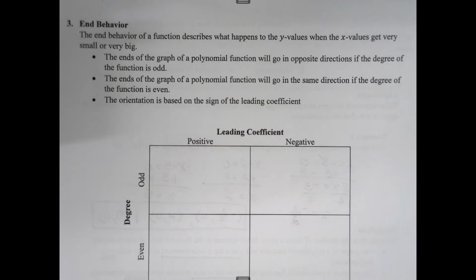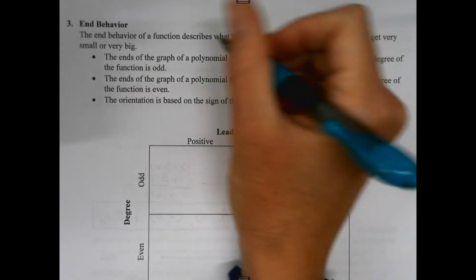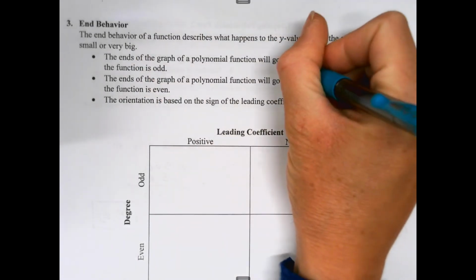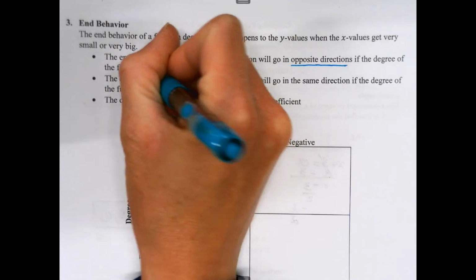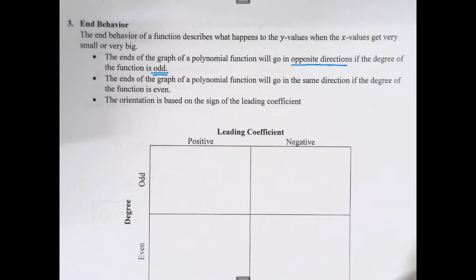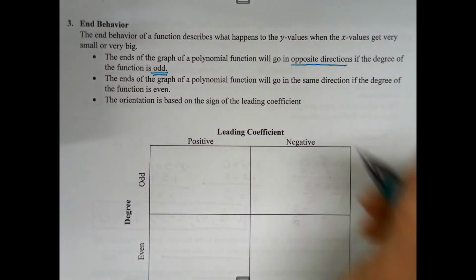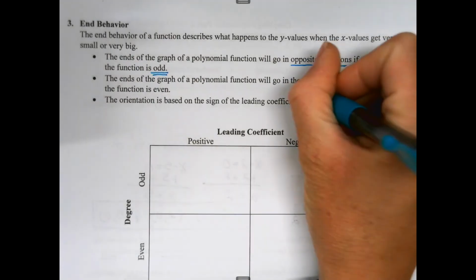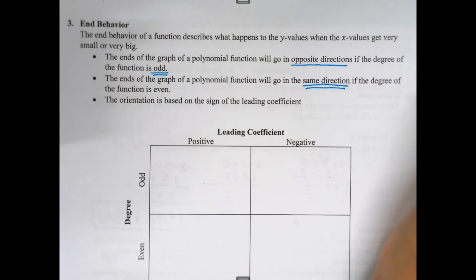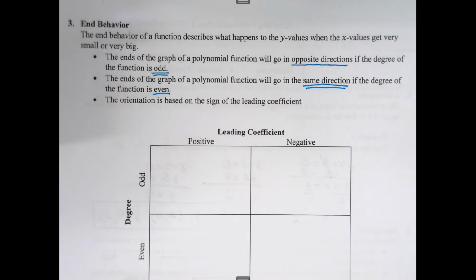The ends of the graph of a polynomial function will go in opposite directions if the degree of the function is odd. And the ends will go in the same direction if the degree of the function is even.